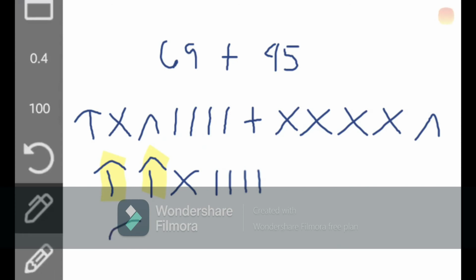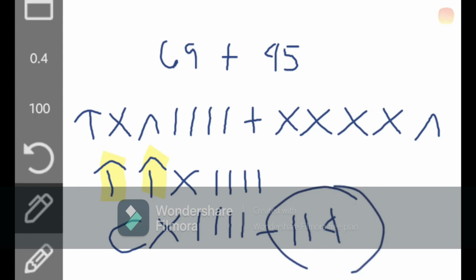So that is 100, and then bring down the 10 symbol, and then the 4 bars. So 69 plus 45 in Etruscan numbers is 1 symbol for 100, 1 symbol for 10, and 4 symbols for 1, making it 110, 11, 12, 13, 114. That is our final answer.